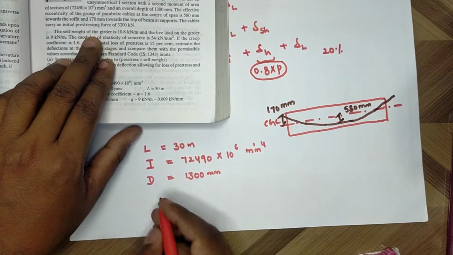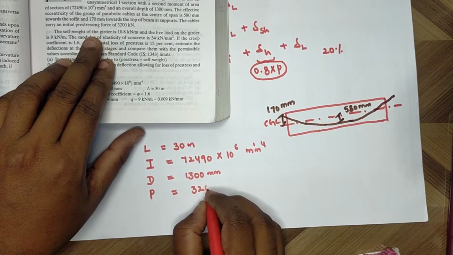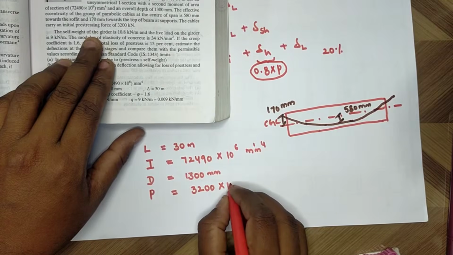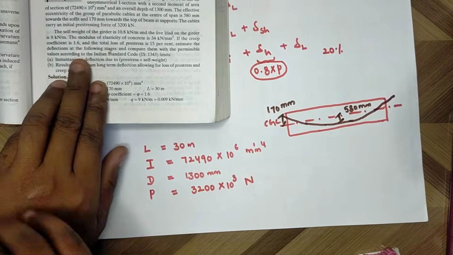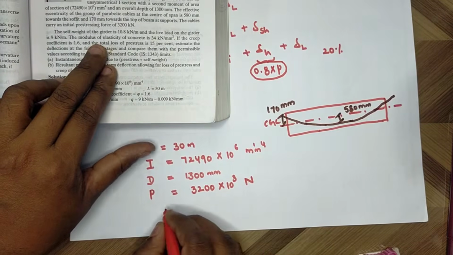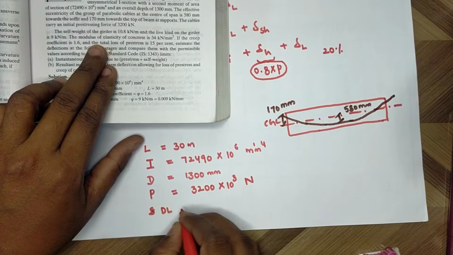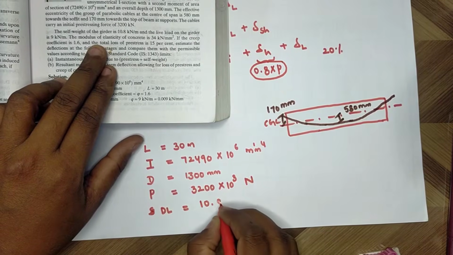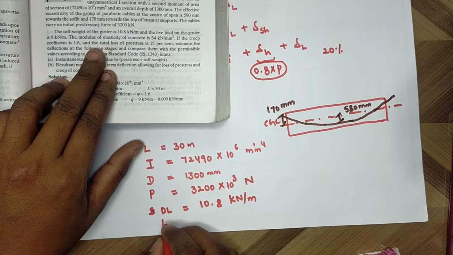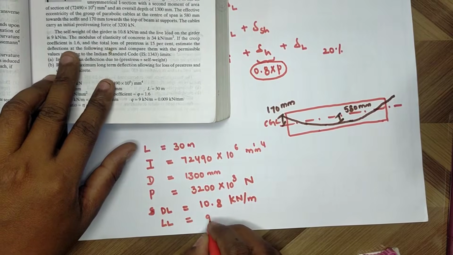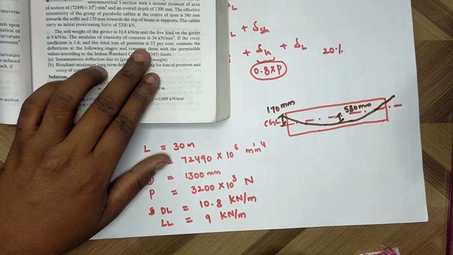The prestressing force is given as 3200 kilonewtons, converting into newtons. Self weight, meaning dead load, is given as 10.8 kilonewton per meter and live load is given as 9 kilonewton per meter, right?